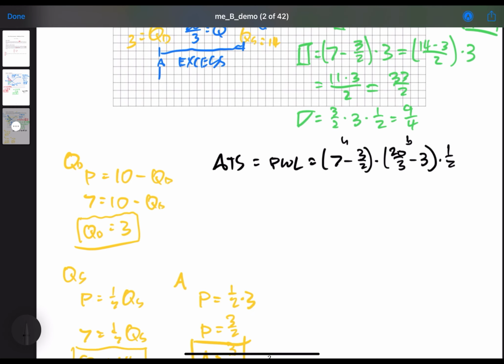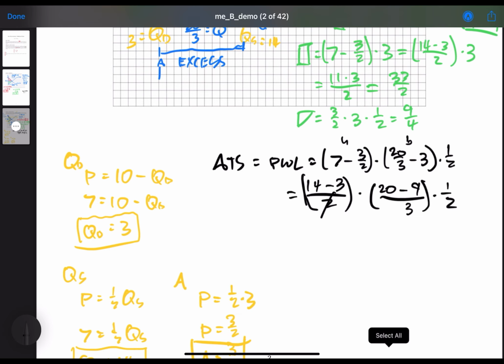All right, so let's just simplify this. So we have 14 minus 3 over 2 times 20 over 3 minus 9 over 3. And then we divide that by 2.